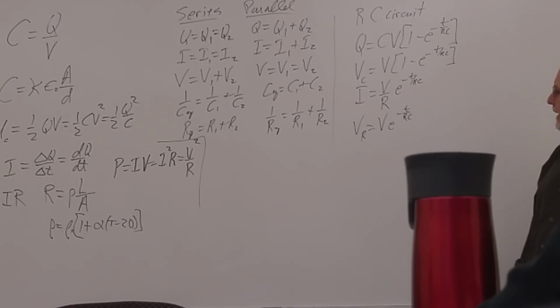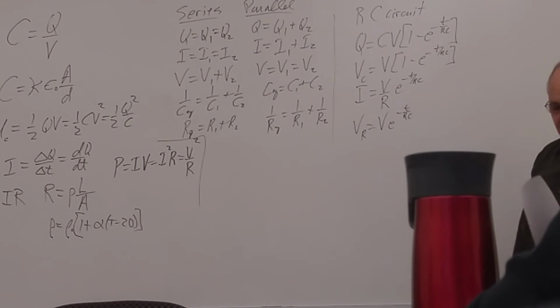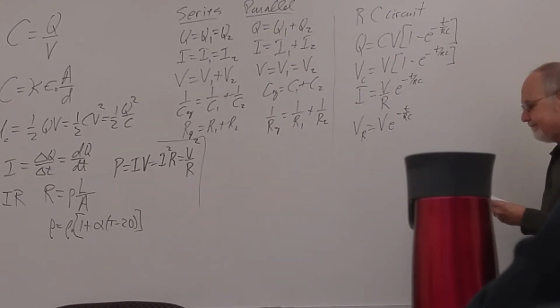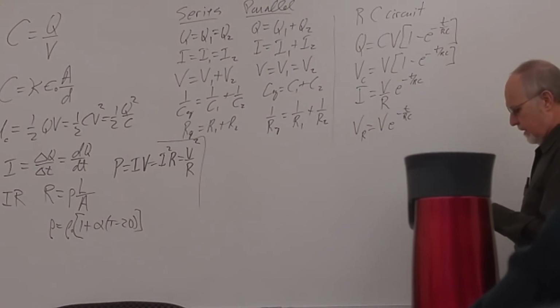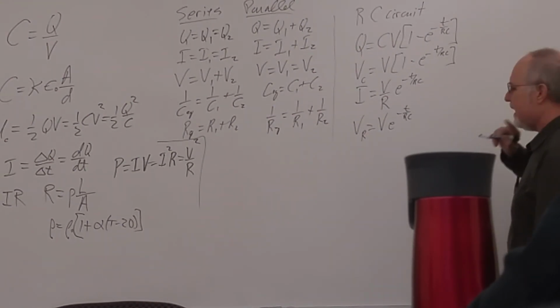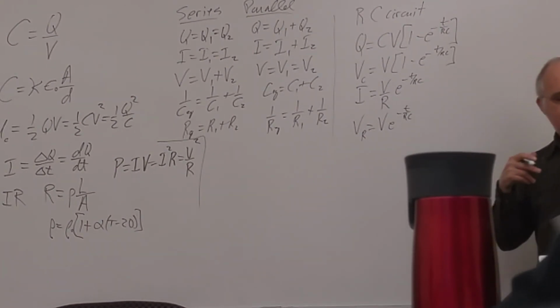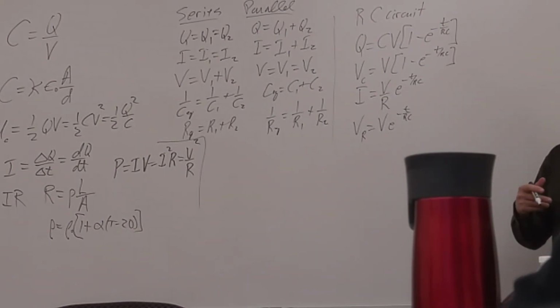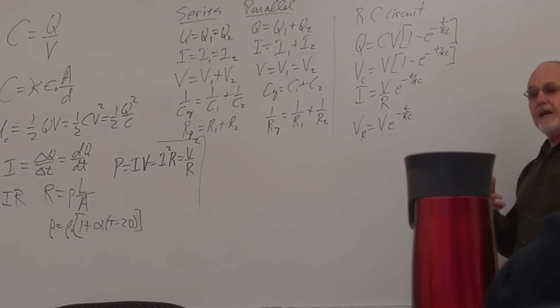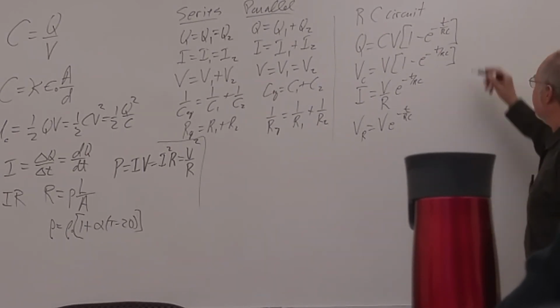So we've got that. And then the last thing we looked at in all of these chapters was Kirchhoff. If you've got multiple batteries in parallel, then you've got to use Kirchhoff's laws.